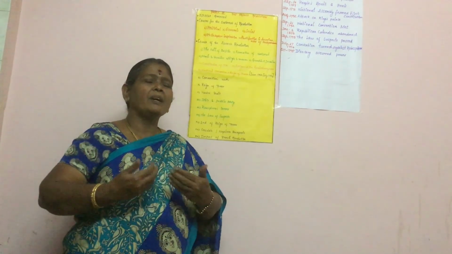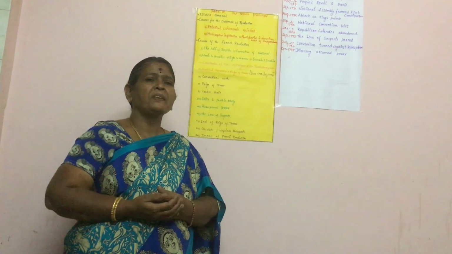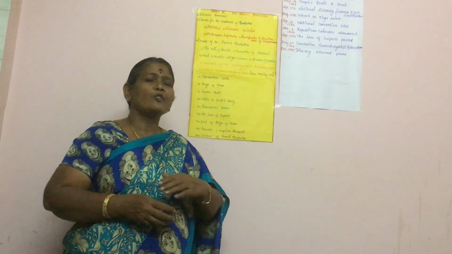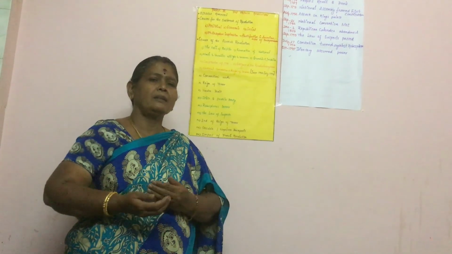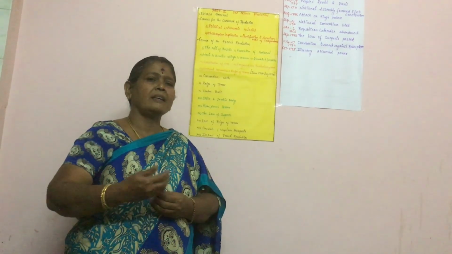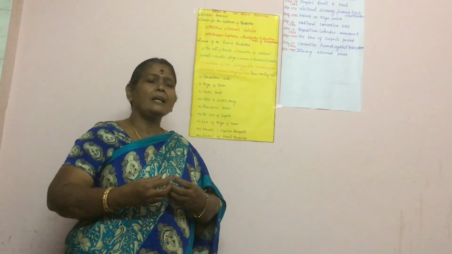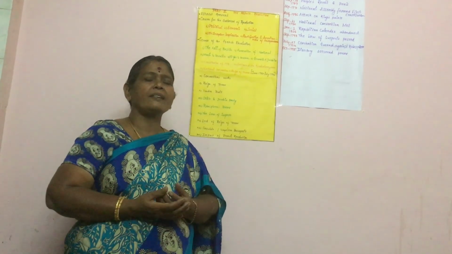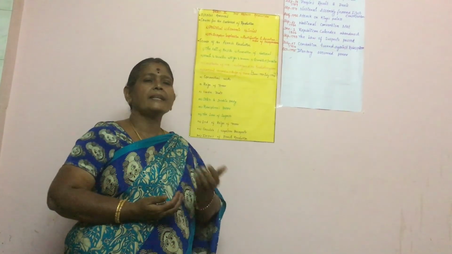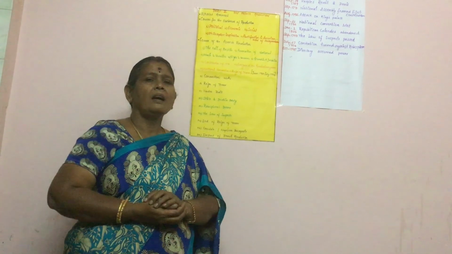Then state power was strengthened. The power of the clergy was reduced, the sovereignty of the people was empowered, and an assertive middle class was raised. And finally, a feeling of nationalism developed because of the unification of the people at the time of the revolution.